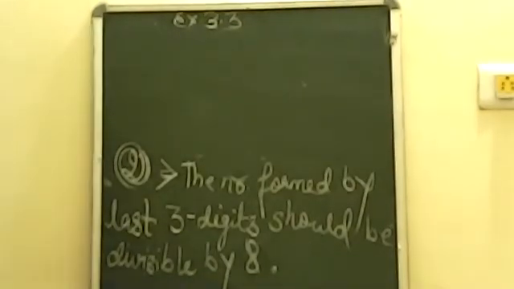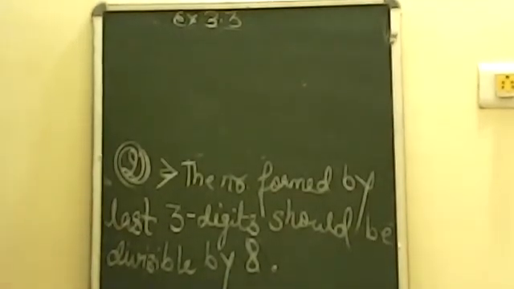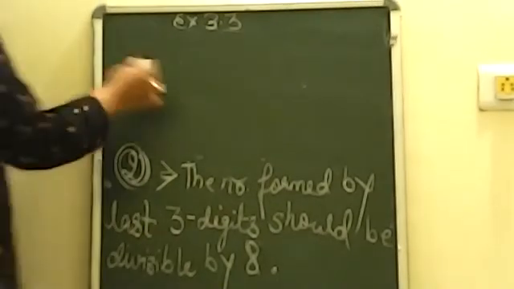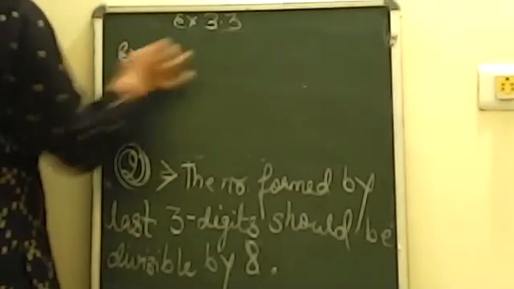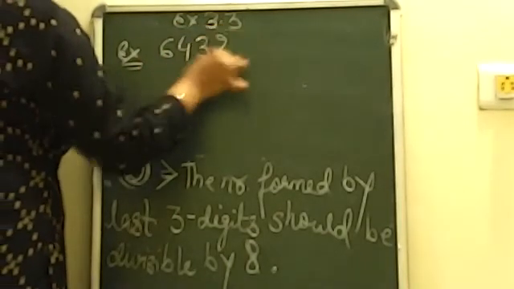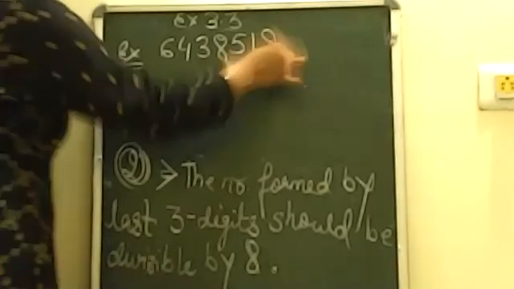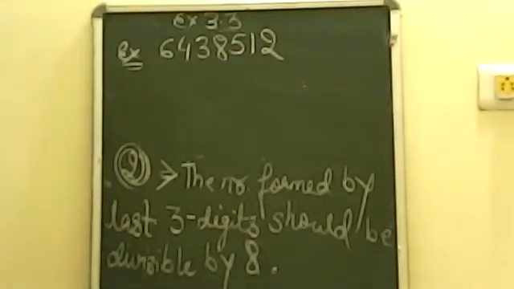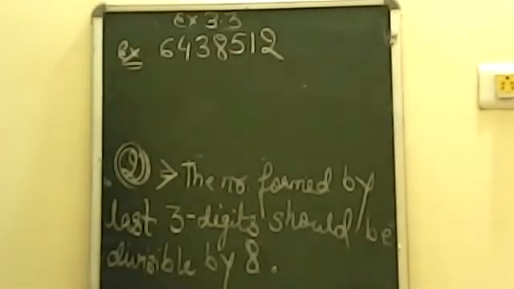Now see the example of this particular question. Suppose our example is 6438512. Now you can see this number is so long. ठीक है, अगर आप डिवाइड करोगे तो बड़ा लंबा टाइम लगेगा.